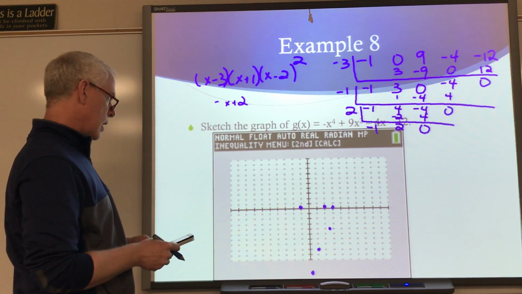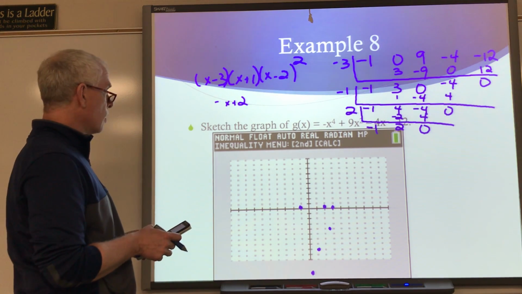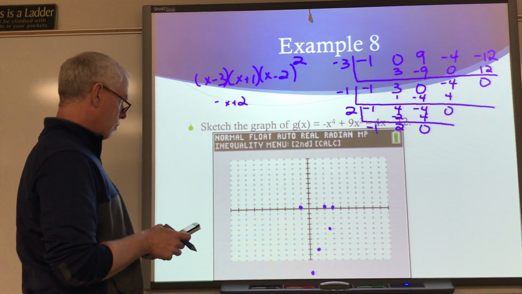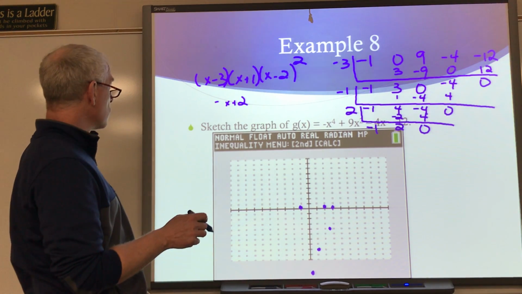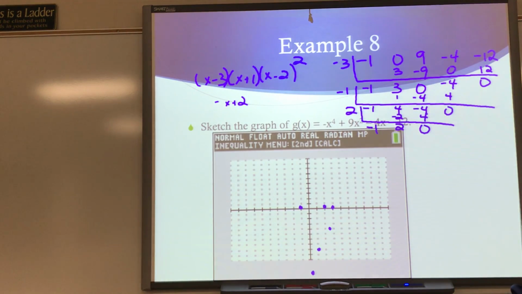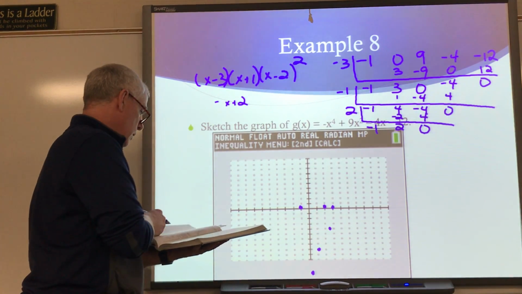And then again at four, I'm at negative 140. So let's see what we've got when we graph this thing. So example 8.